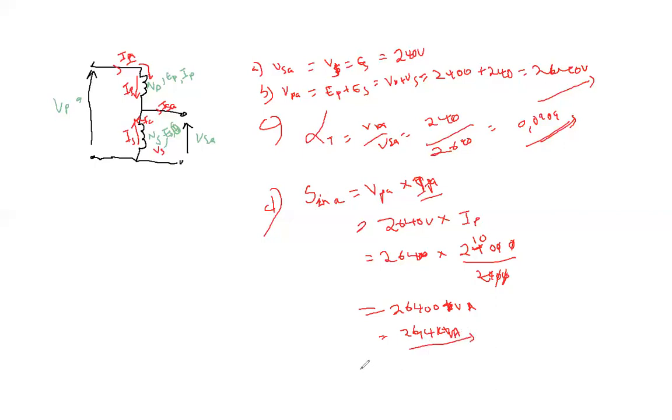So the rating is going to be written as 26.4 kVA. And then the primary voltage is 2640 volts, primary of the autotransformer, stroke 240 volts. So that's how you do this.